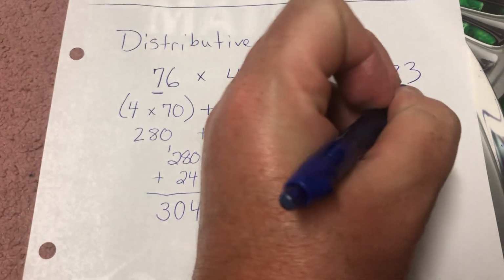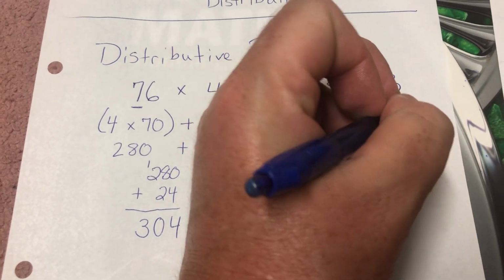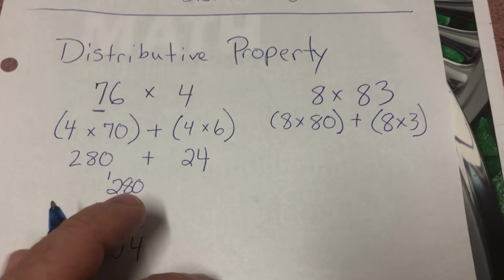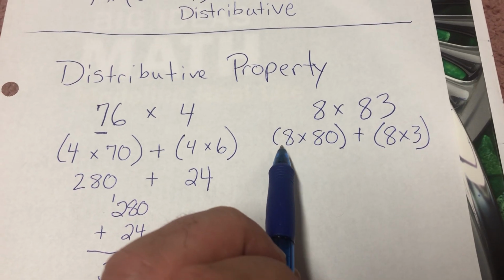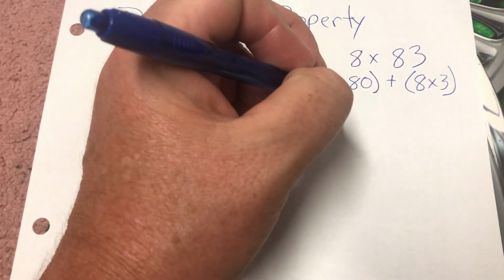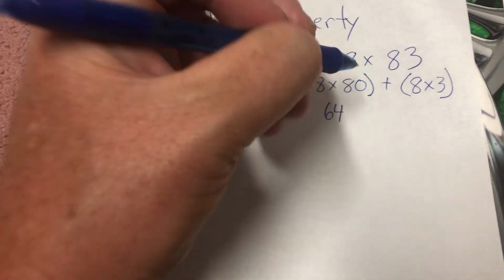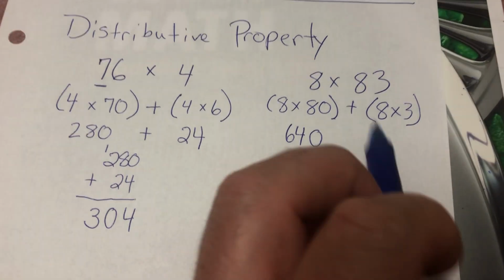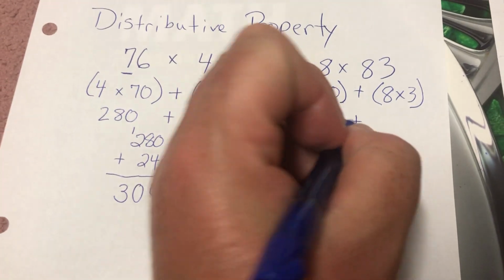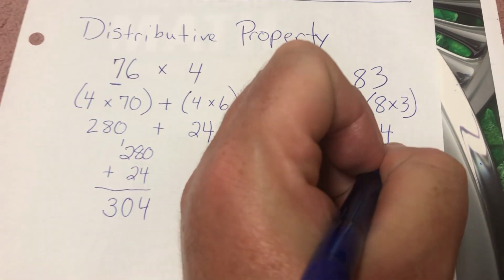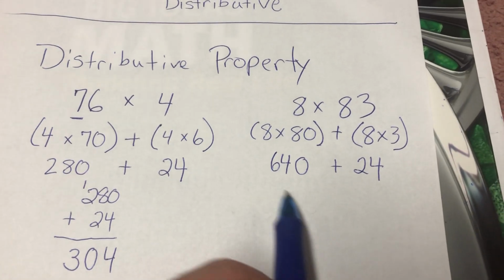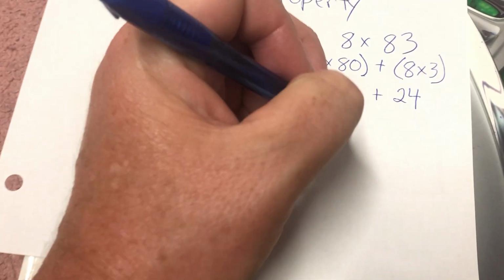So I'm going to add 8 times 3. Once again, use the zeros trick. 8 times 8 is 64. Add the 0, put it in there. 8 times 3 is 24, so plus 24. So I have 640 plus 24.